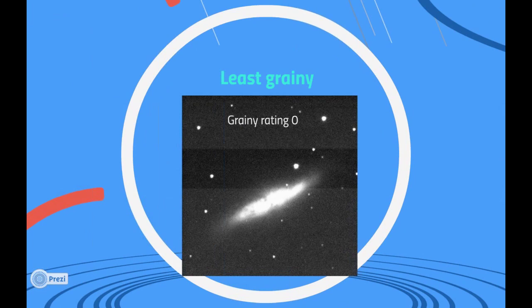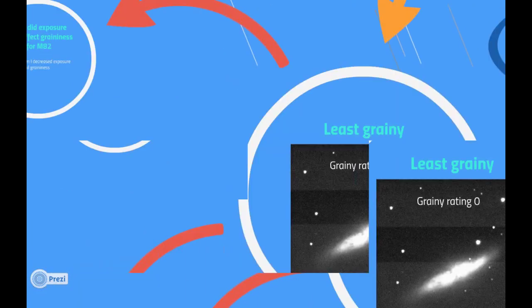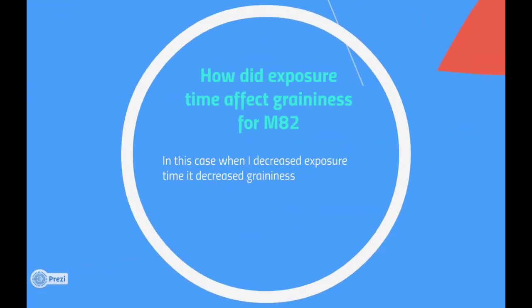The next one is just a statement that I put in the Prezi: how did exposure time affect graininess? In this case, when I decreased exposure time, it decreased the graininess. Sorry, it's not more complex, but that's what I quickly did. And that was just me personally.